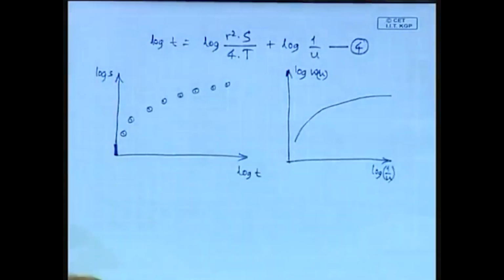What is done is that these two plots are matched.